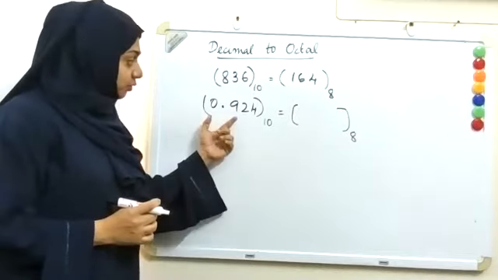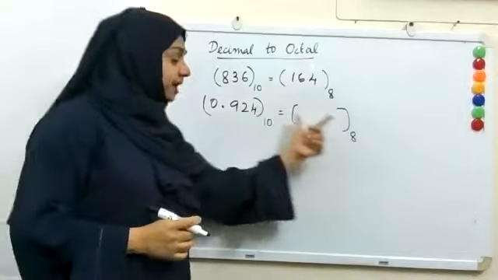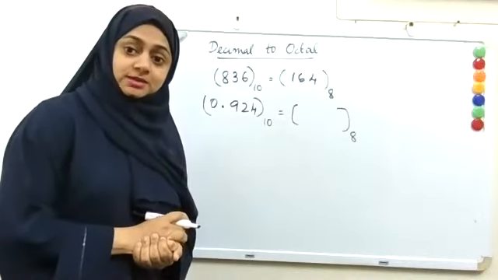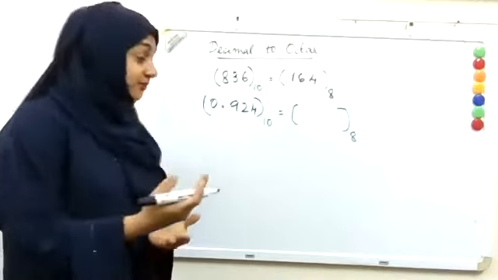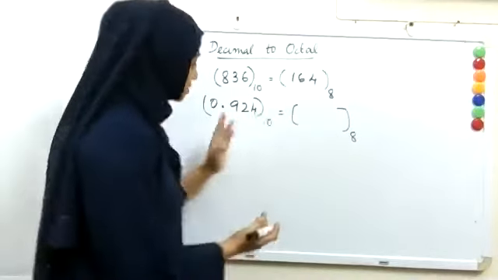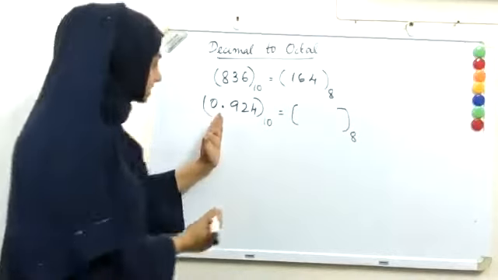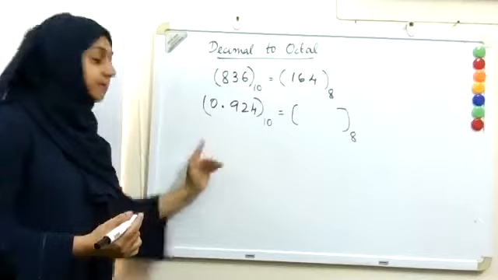What did we do when we wanted to convert a point in a decimal to binary? You remember what we did? Multiply it by 2. So here, to base 8, we have to multiply this with 8 and separate out all the numbers that come before the point.